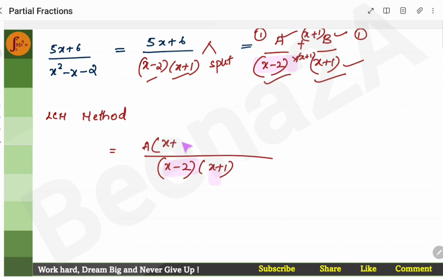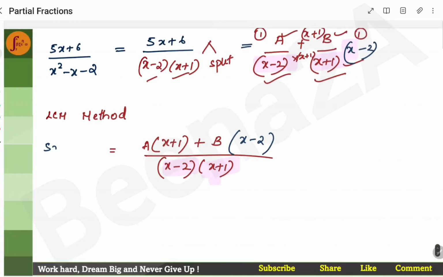So a into x plus 1 plus b into, now I already have this x plus 1 here, right? What is left out here? x minus 2. So I have to multiply this with x minus 2. But I have to multiply b, the numerator, right? So b into x minus 2. Now I'll copy this left hand side as is.